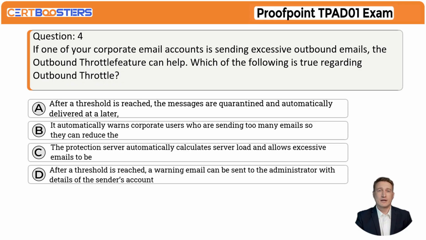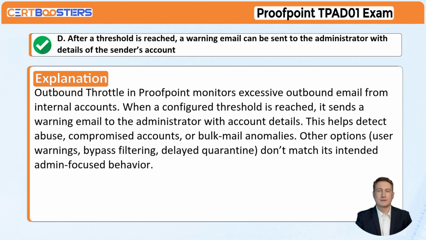C. The protection server automatically calculates server load and allows excessive emails to be delivered unfiltered. D. After a threshold is reached, a warning email can be sent to the administrator with details of the sender's account.